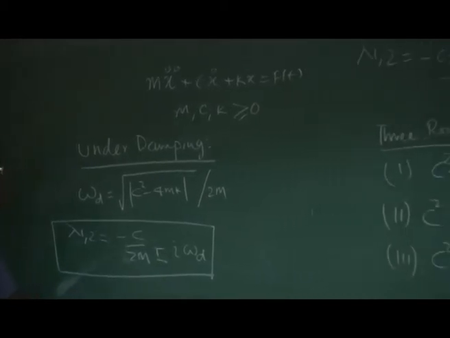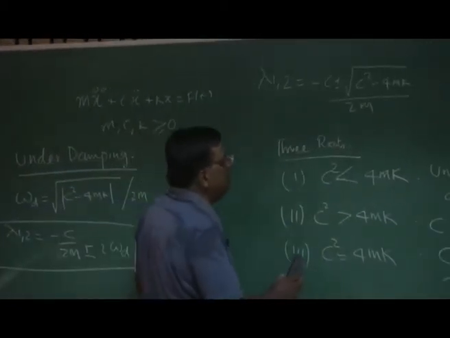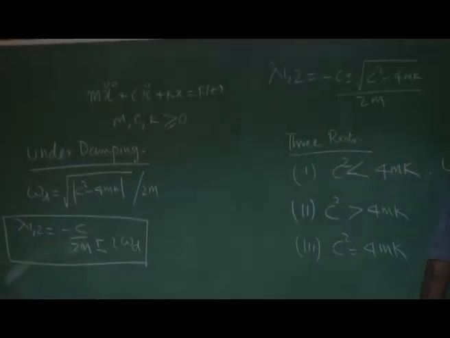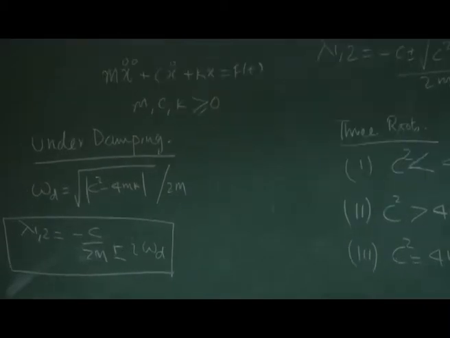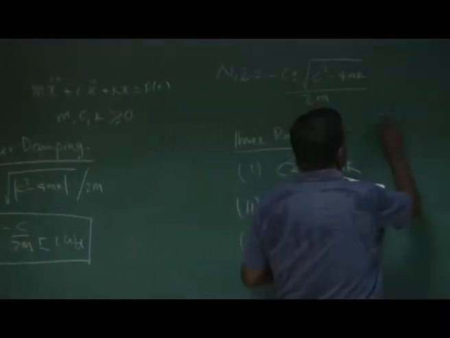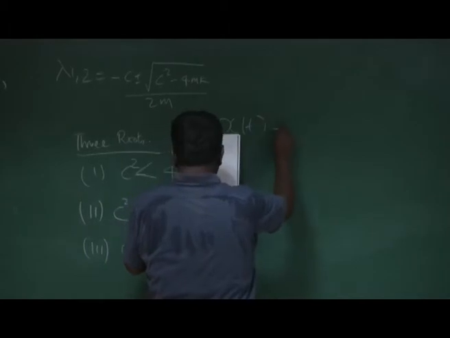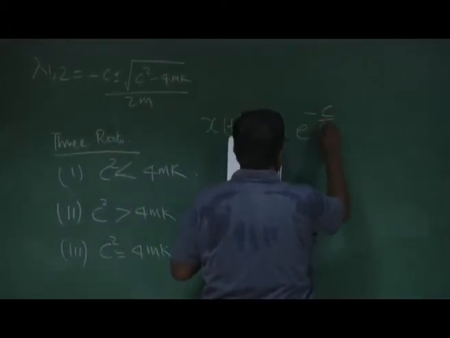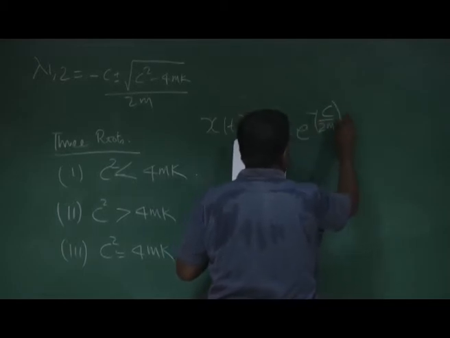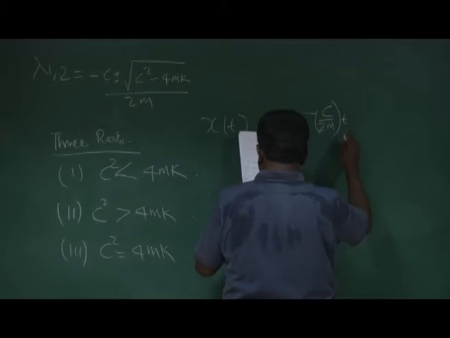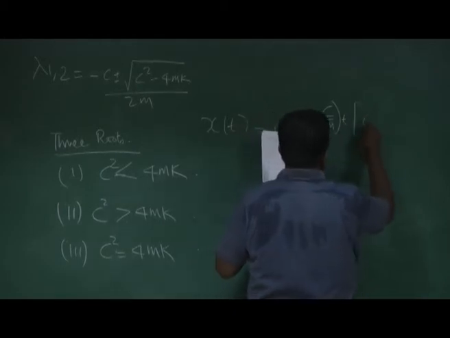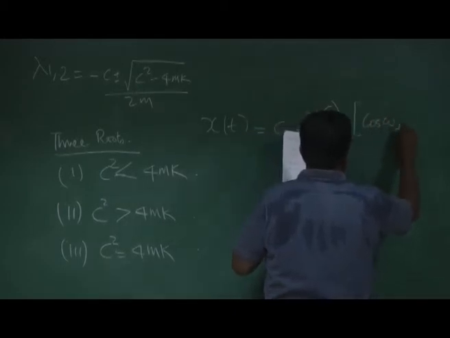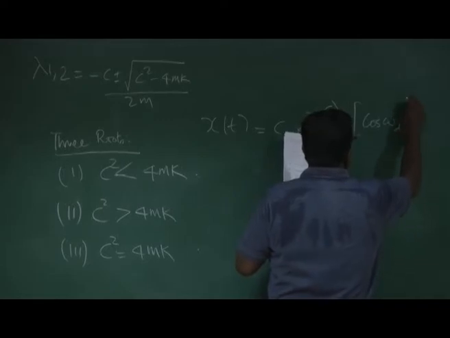And if you have revised your little bit of differential equation understanding, you can easily write x of t as c1 e to the power minus c by 2m t. Let me write this. Don't get unnecessarily disturbed.